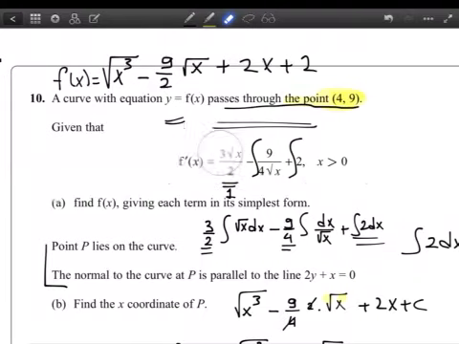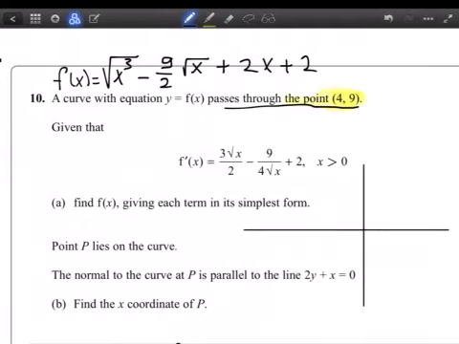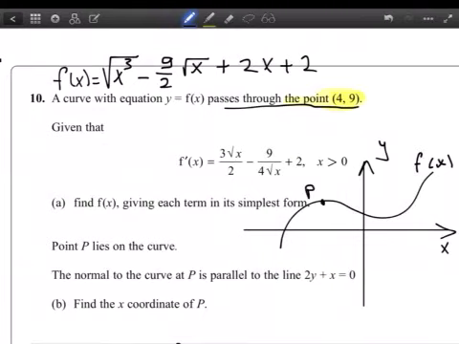Let me clear this part and think about it. We have a coordinate system, xy, and we have a curve like this, C, or you can write f of x. And let's say a point P is here, no matter.